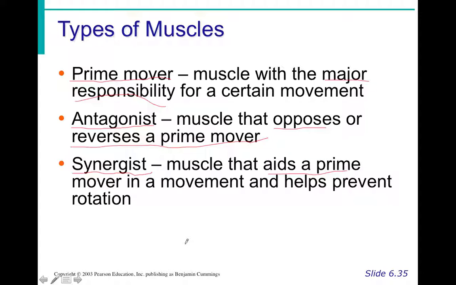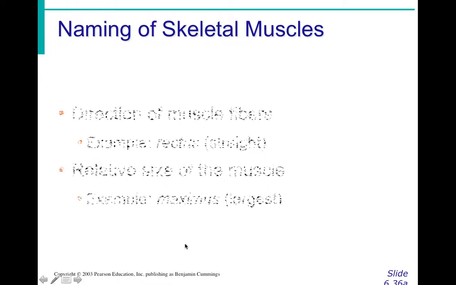So if biceps brachii is flexing the elbow, brachioradialis is helping it do that. You can think of these sometimes in a weightlifting kind of arena. People will call these stabilizers to prevent rotation, that sort of stuff. Synergists help primary movers. Antagonists do the opposite job of primary movers.